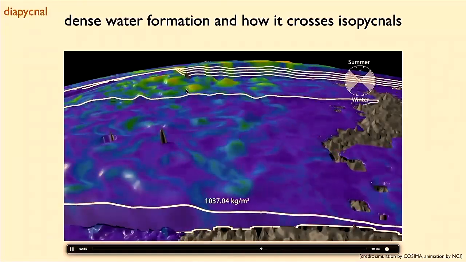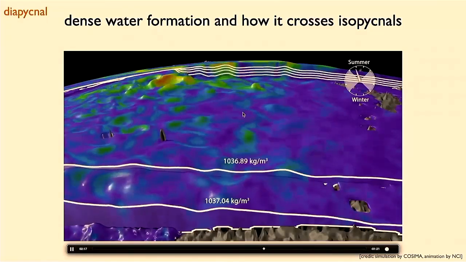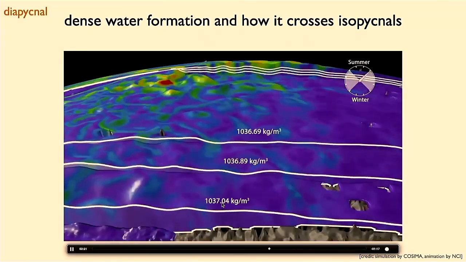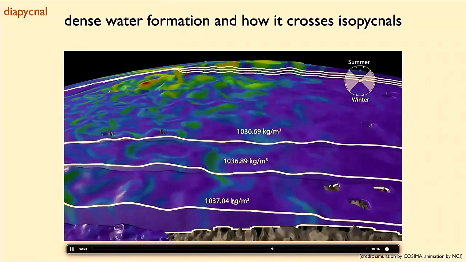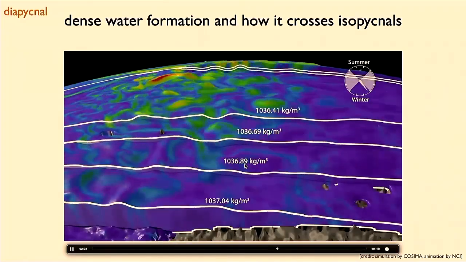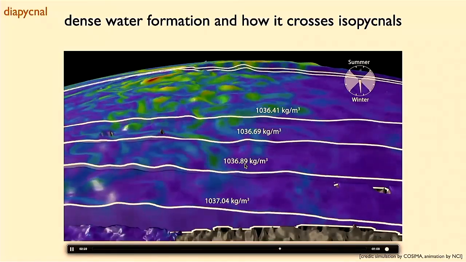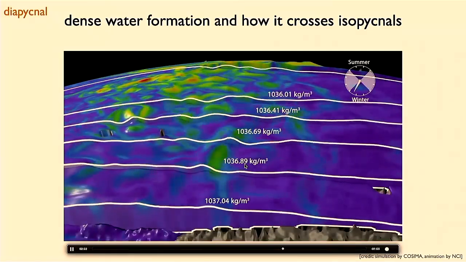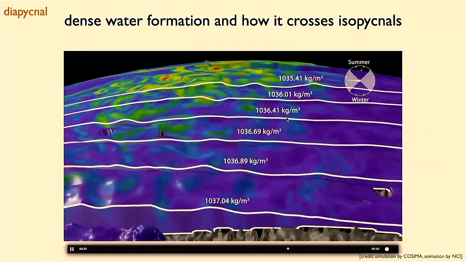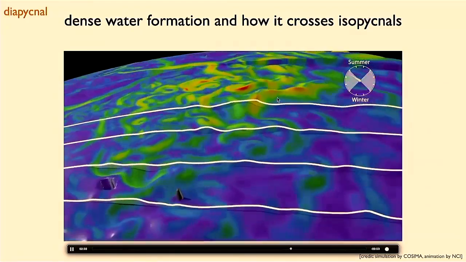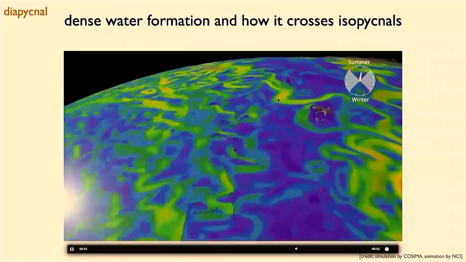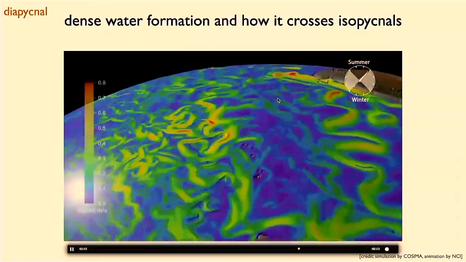These numbers mean something, but I get confused whether it's 1037 or 1036; to tell you the truth, it goes off my head. But this is part of the lingo of oceanographers. Sometimes we talk with these numbers, and because there are 1,000, we even forget the first 1,000 bit and talk about the 36 isopycnal or something like that.